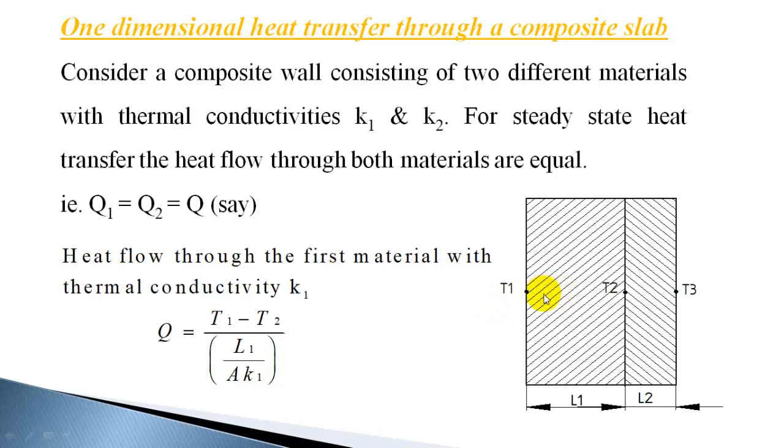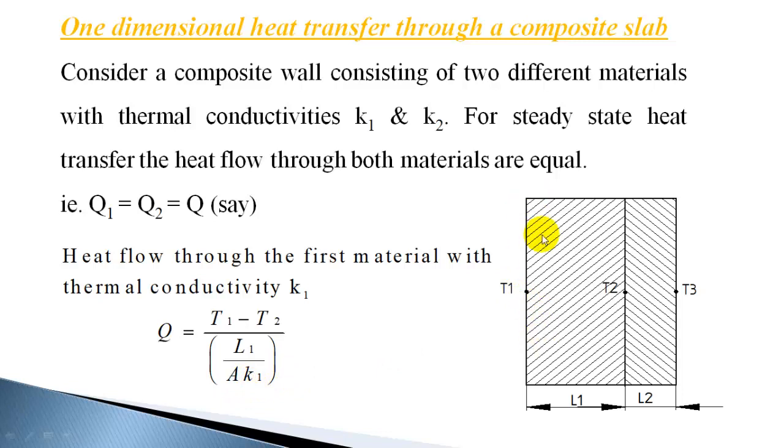In that case, the heat flowing through this material and heat flow through this material both will be equal. So Q1 is the heat flow through this and Q2 is the heat flow through this. Q1 has to be equal to Q2 and we can say it's equal to Q. So the heat flow through the first material, we already got the heat transfer through a single material as Q is equal to T1 minus T2 divided by L1 by AK1.